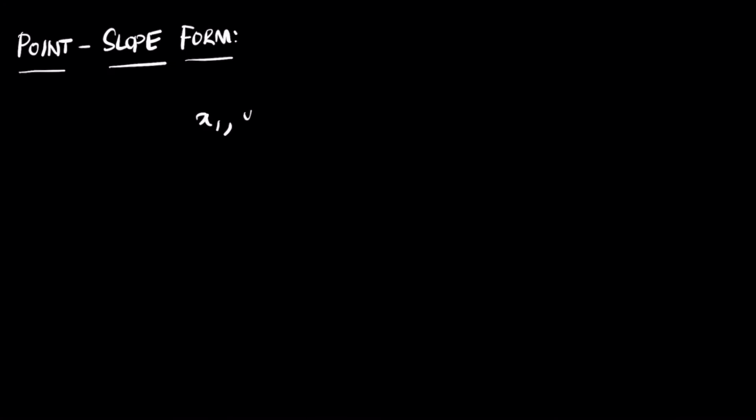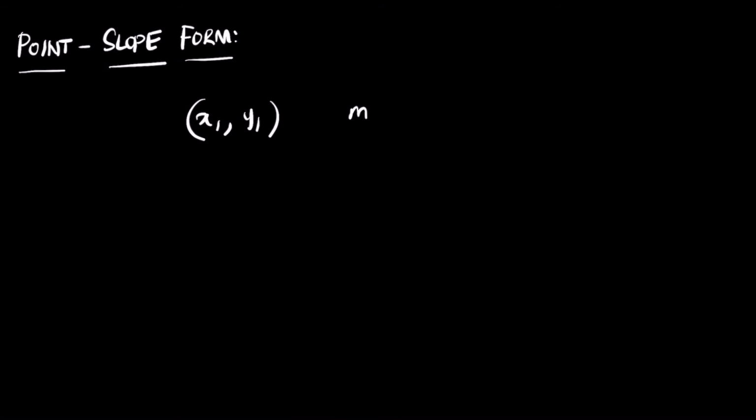So the flaw with the slope-intercept form is that we have to find the intercept every time. So an intercept is not easy to get. So the other form that we use is called the point-slope form. The point-slope form uses a single point x1 comma y1 and the slope of the line m.